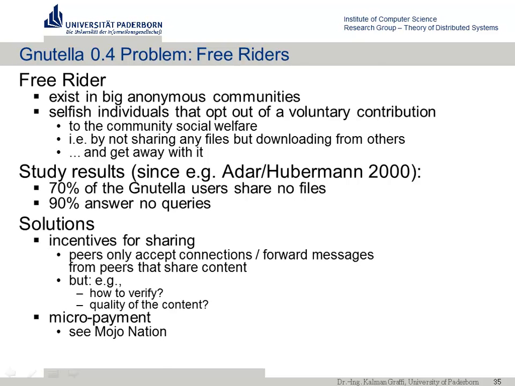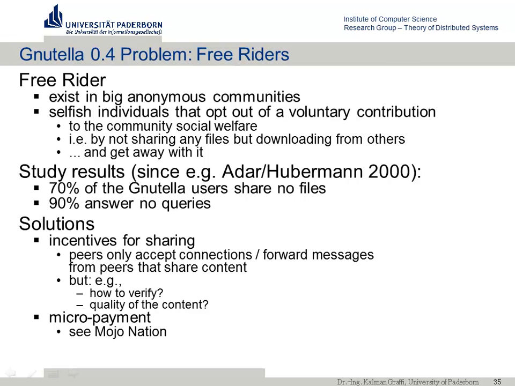Some solutions proposed to take care of this problem were to give some incentives, so to make it better for the users if they share. One idea was to only upload to peers who are also giving to somebody else or to you.